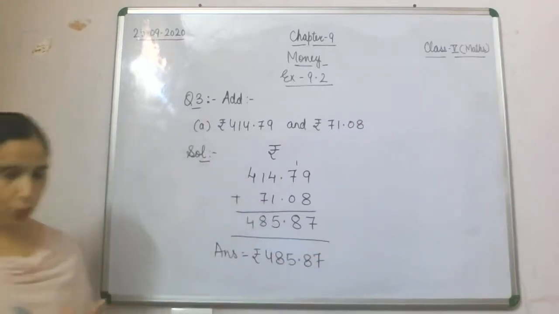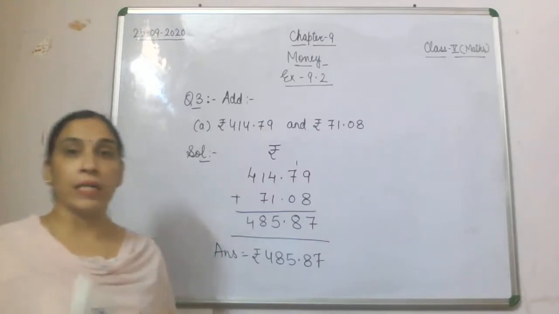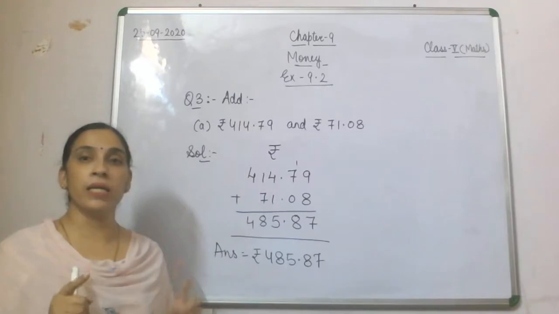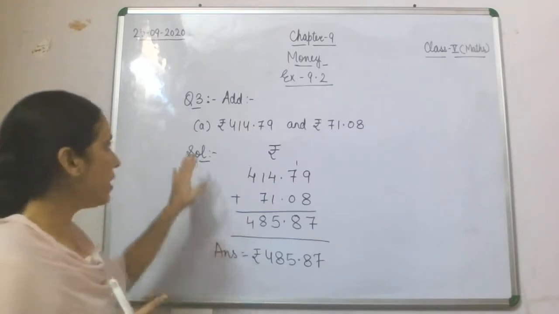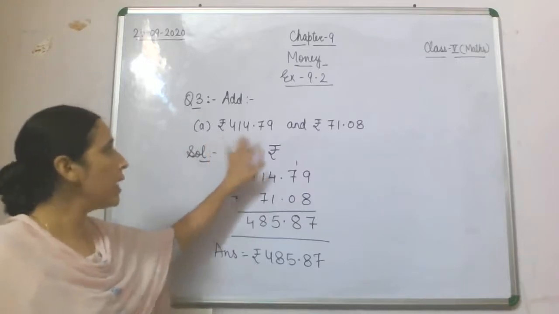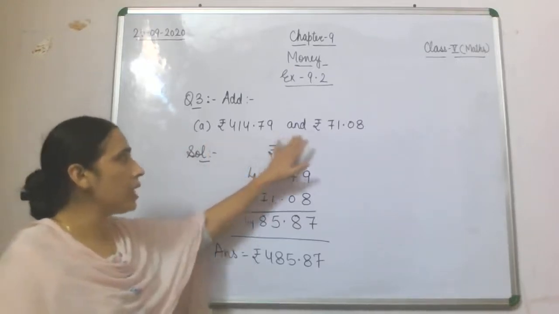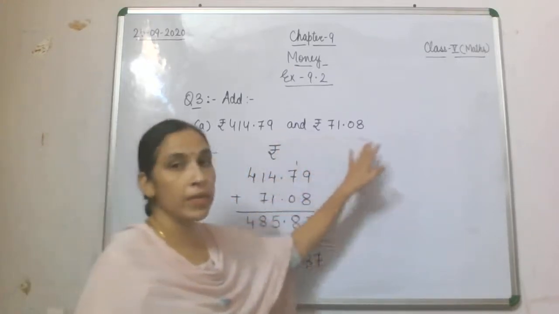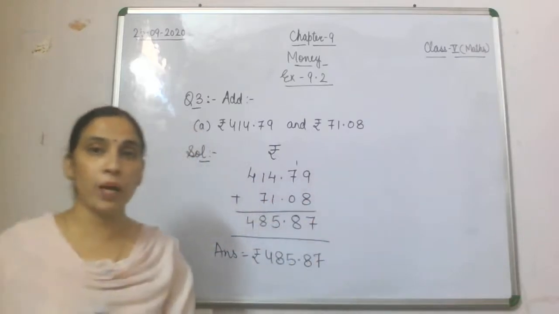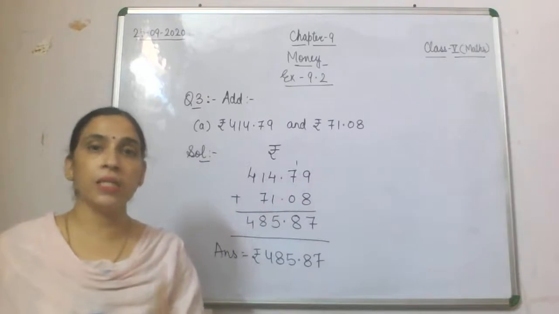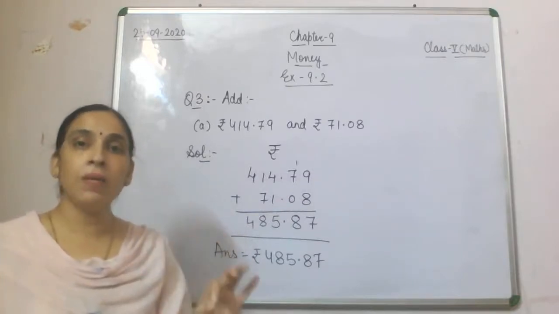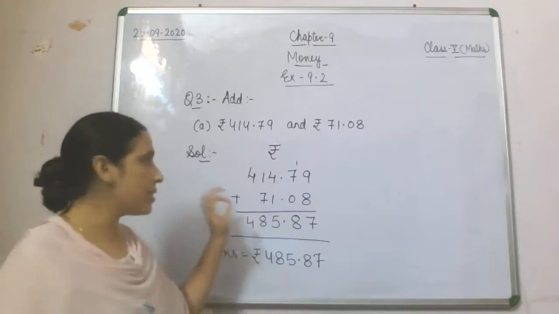So what we have seen in this question is that when amounts are given to you, how to arrange them into a column. In this A part you were given 414 and 79 paisa and rupees 71 and 8 paisa. The only thing you have to keep in mind when you are doing addition is that the decimal will come just below the decimal.